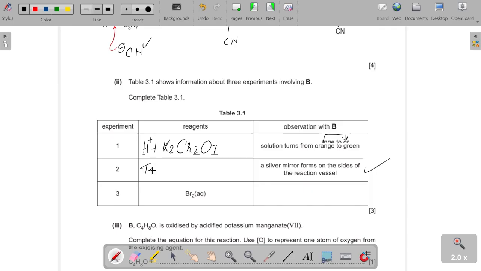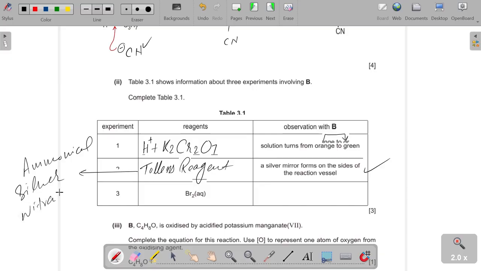You can simply write Tollens reagent, but if you are good with the chemistry, the Tollens reagent is ammoniacal silver nitrate. Silver acts as an oxidizing agent and converts into pure silver.